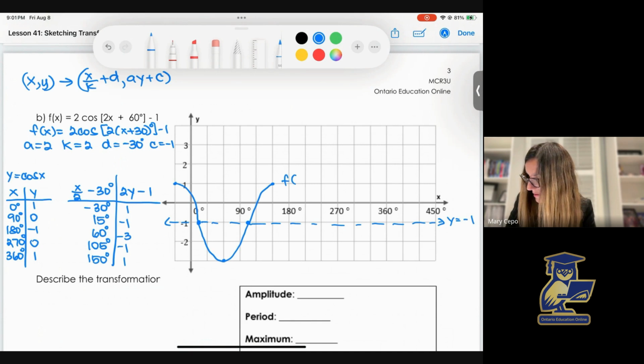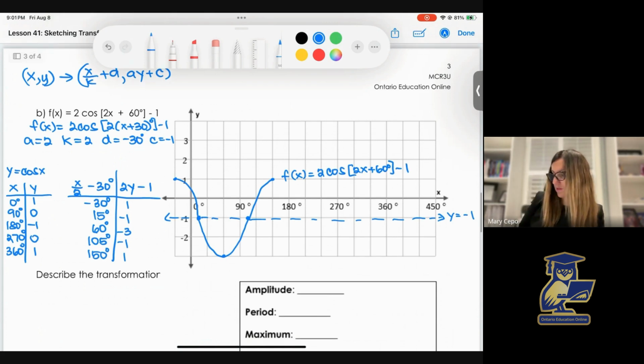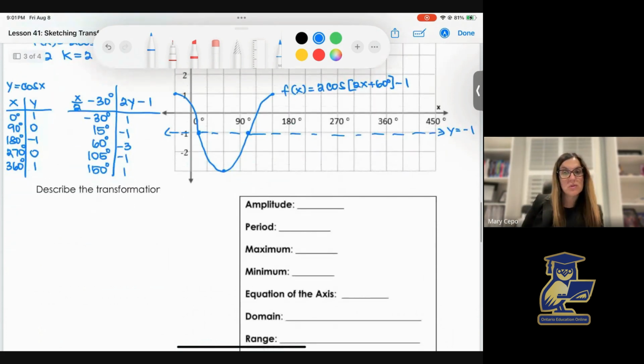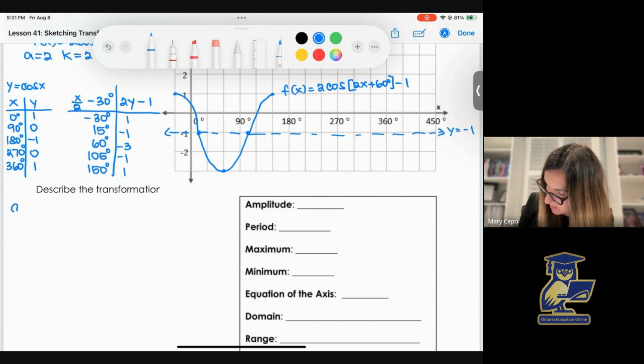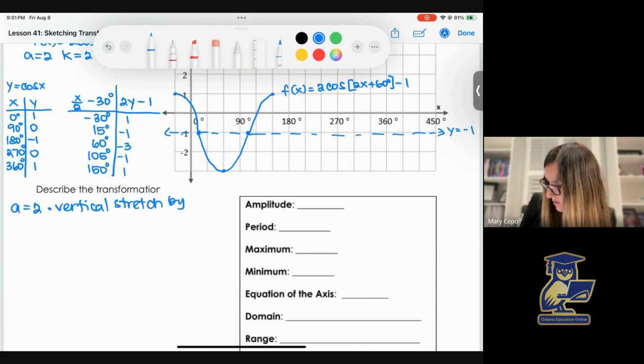So this is f at x is equal to 2 cos 2x plus. So if you put the original, it's fine. Let's describe the transformation. So we've already identified A, K, D, and C. So we know A is equal to 2. So that would be a vertical stretch by a factor of 2.